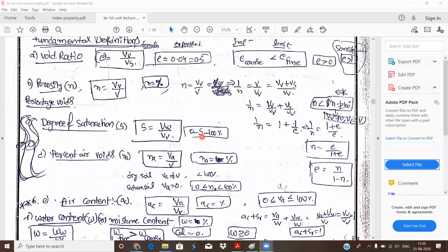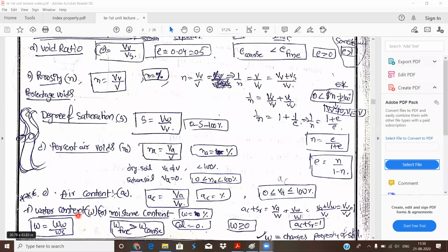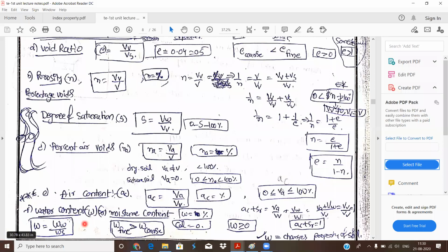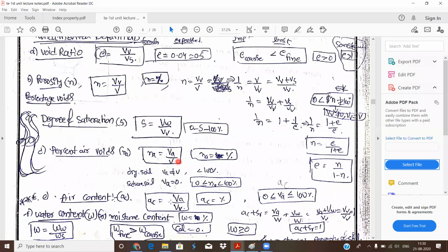After that, the last topic, water content. All these other parameters are related to volume, but water content is related to weight.